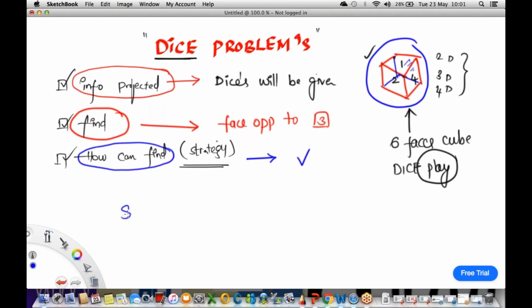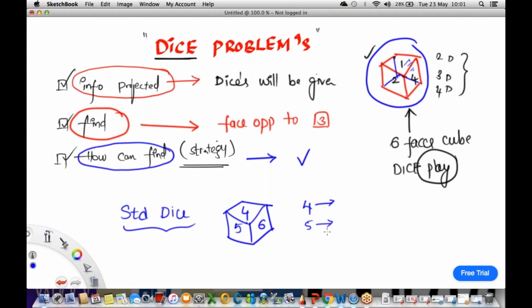There is a dice called a standard die. If you find a standard dice like this, he just mentions what is the face opposite to 4, 5 and 6.